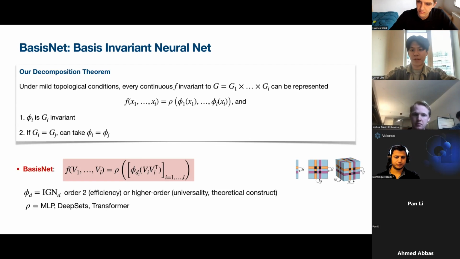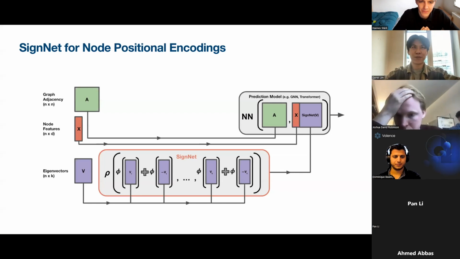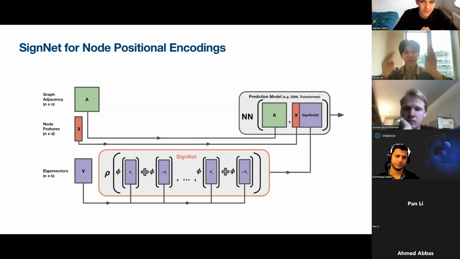Okay, then we're going to go into both theory and experiments at the same time, especially for graph machine learning. So this is the kind of diagram I was referring to earlier, just to make things really clear, this is how we use SignNet. We take the graph adjacency and the node features, and then we have eigenvectors.